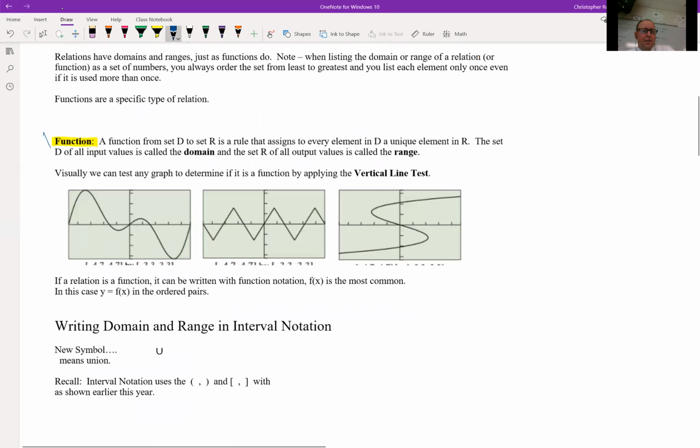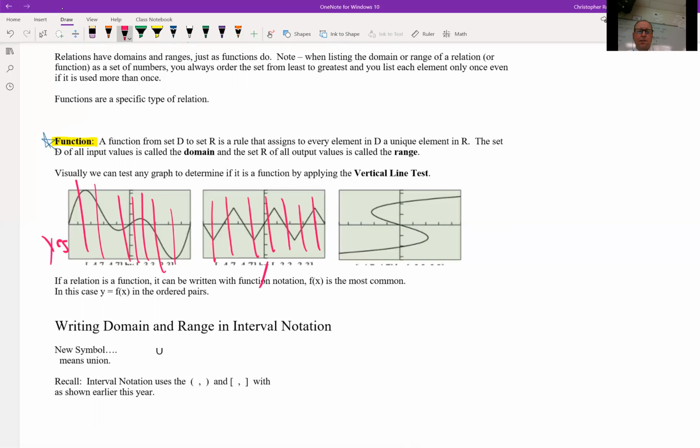Textbook definition, like I said, is right here, talking about domain and range. We are usually pretty confident by now about the vertical line test. Remember, it does have to be tested at multiple locations to say that it only hits once and only once. So is it a function? Yes, for this one. As we look at the second one, we're not going to find anything, so yes, it's a function again. And in the last one, if I only tested here, it could look like a function.